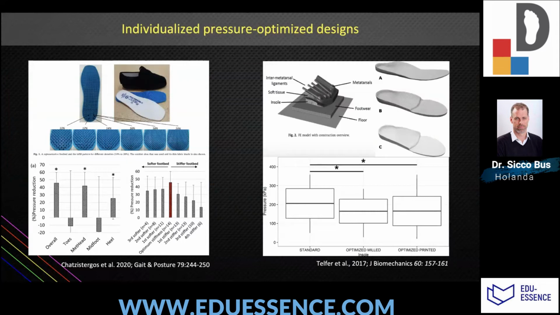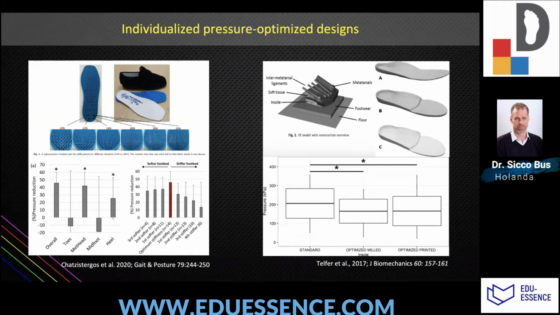More recent studies have shown the beneficial effect of optimizing insole density to the individual subject, with 6 different densities tested, and the most optimal density per subject showed to reduce peak pressure by 45% compared to not having such a footbed.